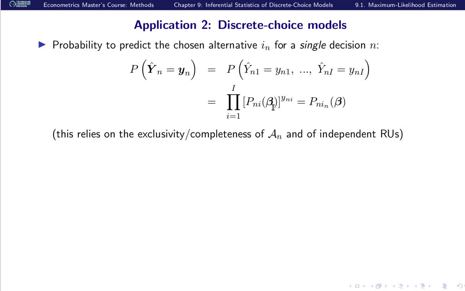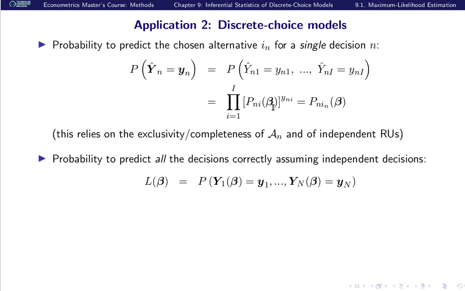So that was for one choice. However, we want, of course, to calibrate the models to all the data, that means to all the choices taken, which we now give to the model. So the likelihood is the probability that the first choice gives the first data output, the second choice gives the second data output, and the nth choice gives the nth data output.